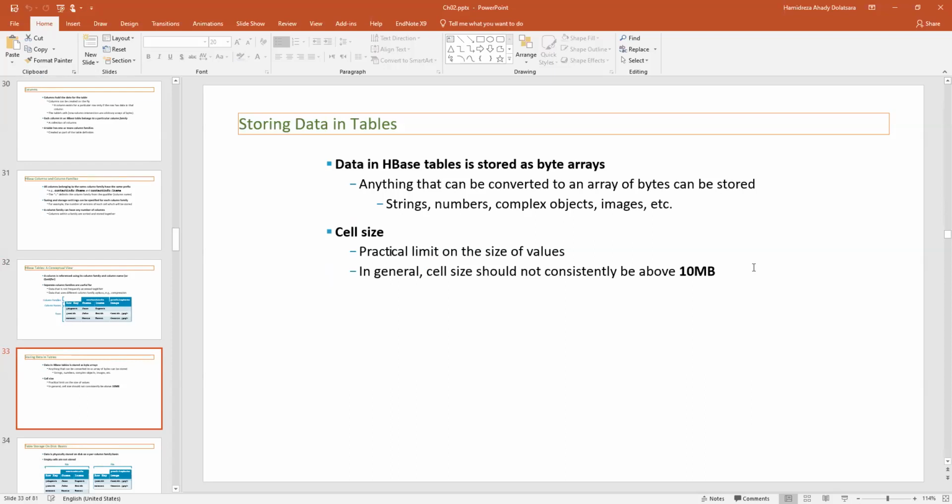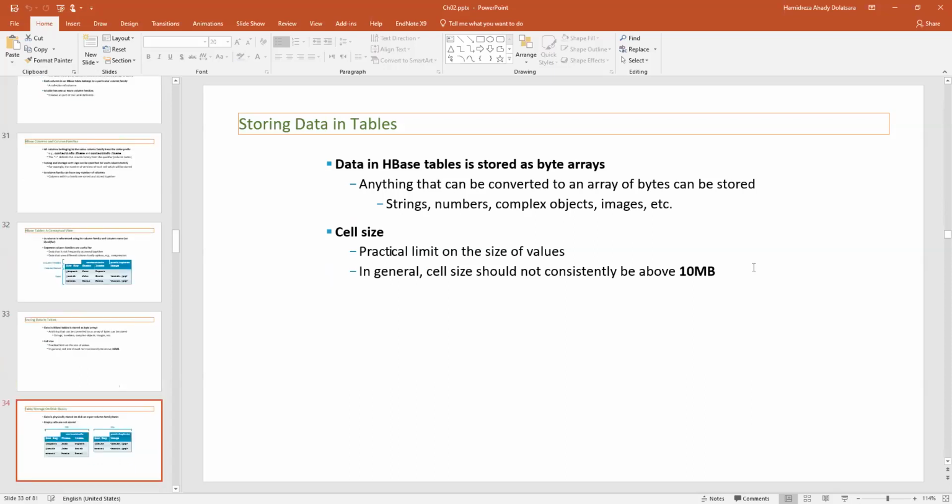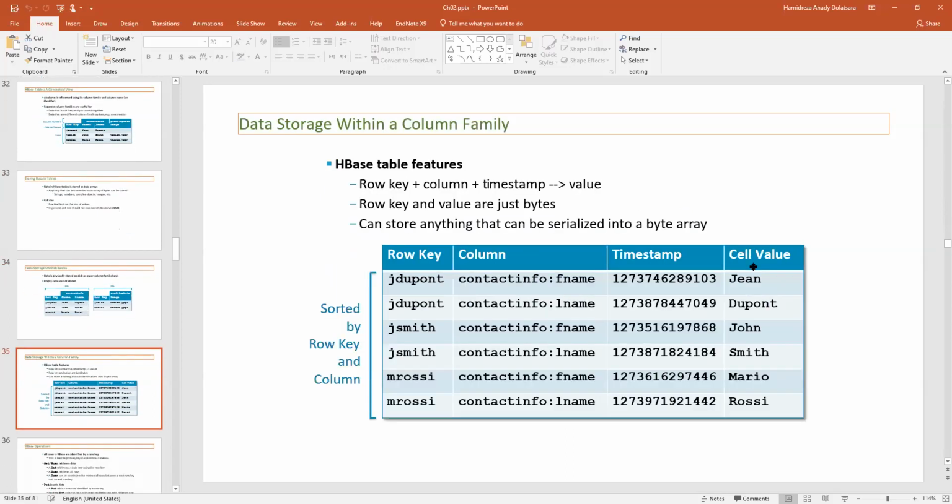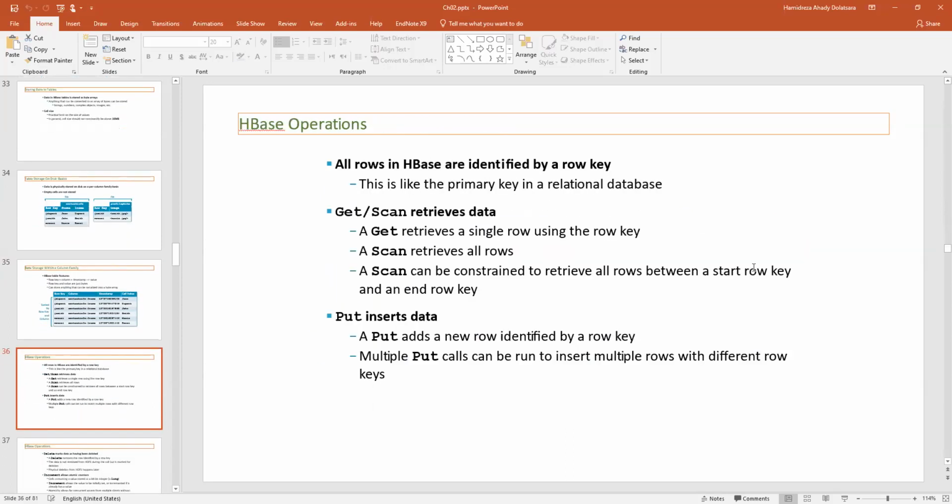There's a limitation in the cell size; it shouldn't be more than 10 megabytes. Okay, so which commands do we have? We generally have 3 or 4 types of commands in HBase.